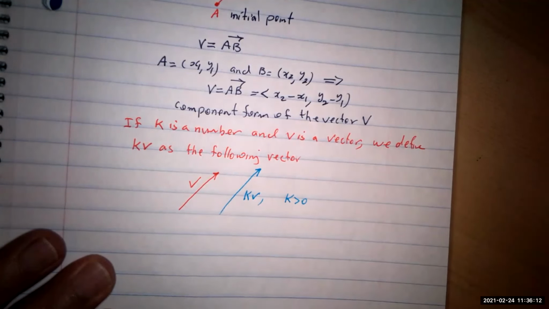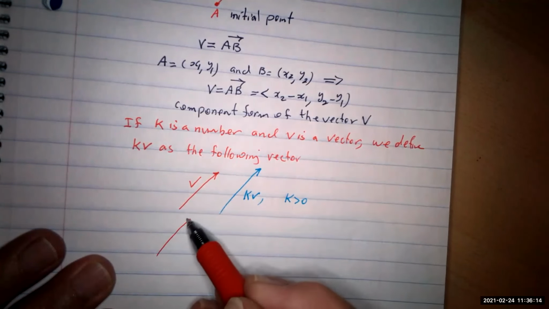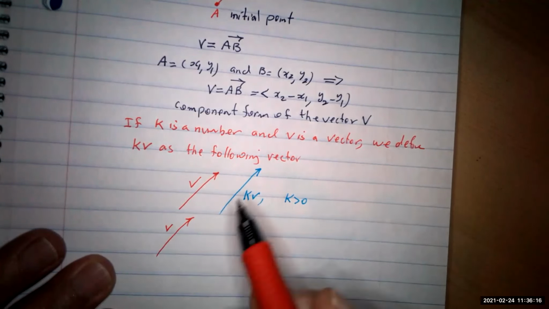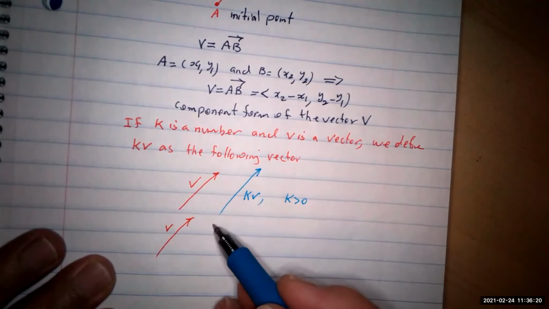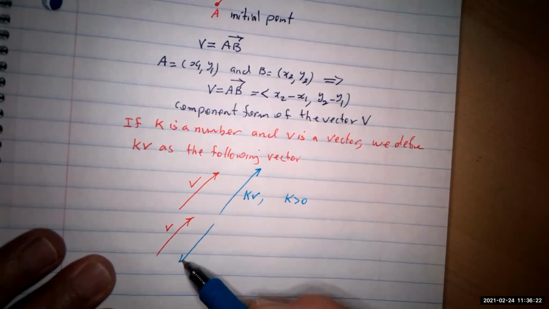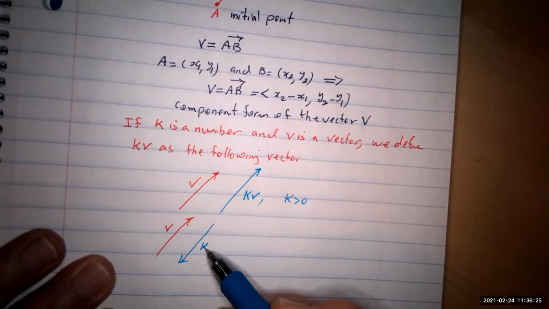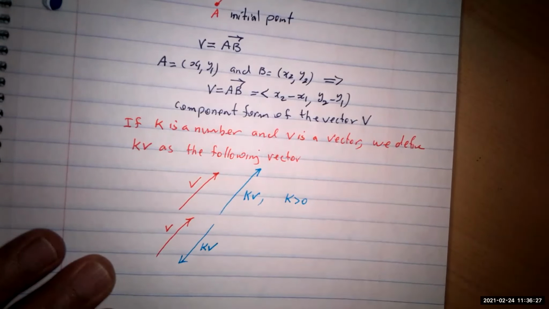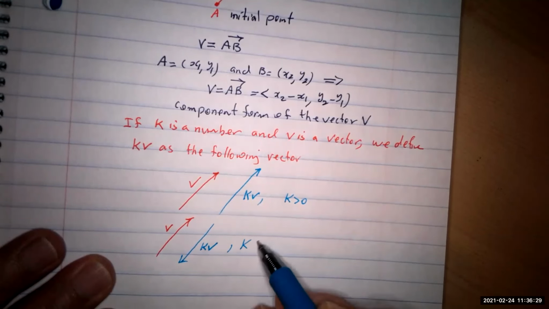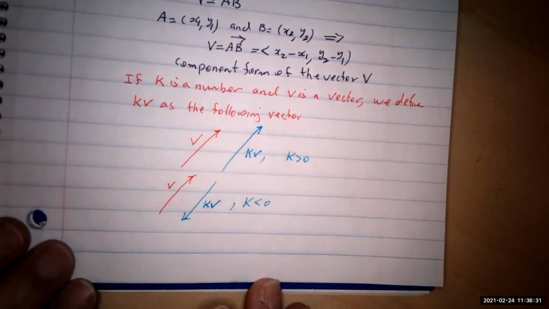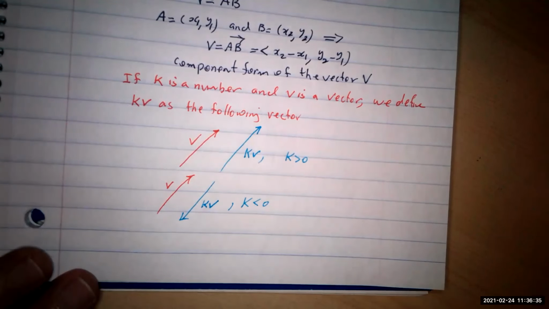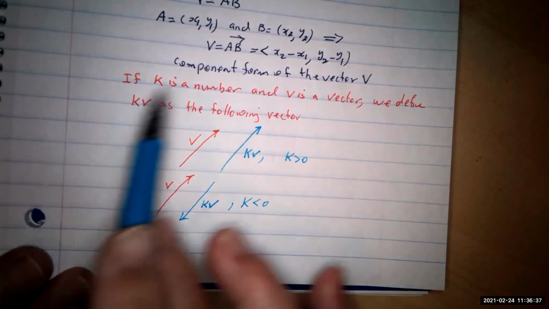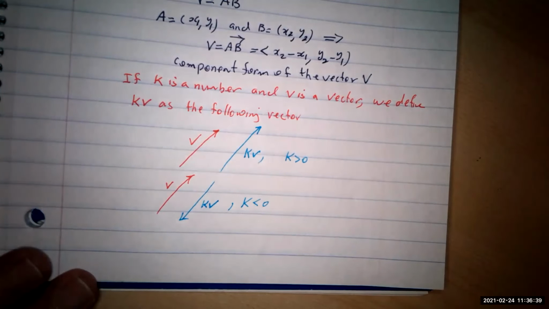But if your k is negative, this is the vector v, and in this case, in the other direction, you are going to have k times v, when k is less than 0. With this idea, we define the so-called scalar multiplication on the set of all these vectors.